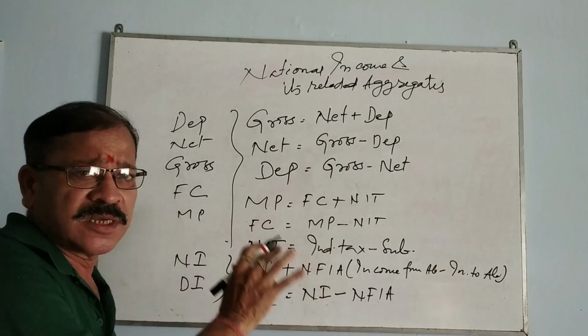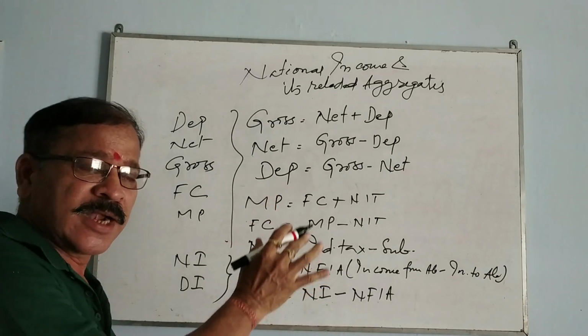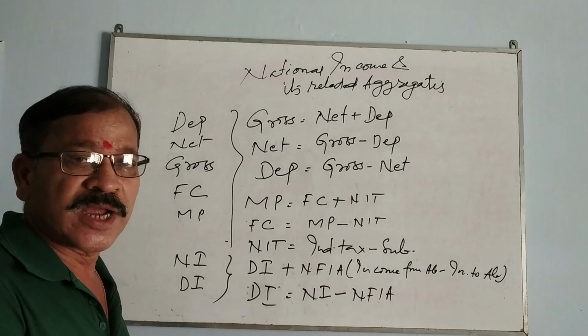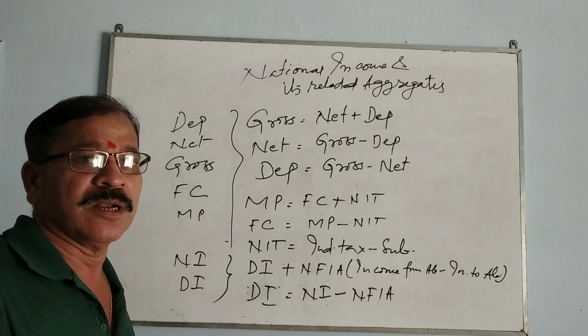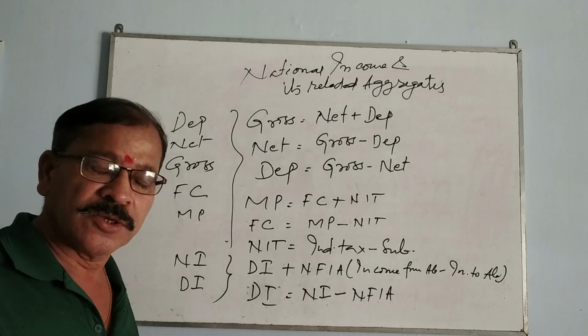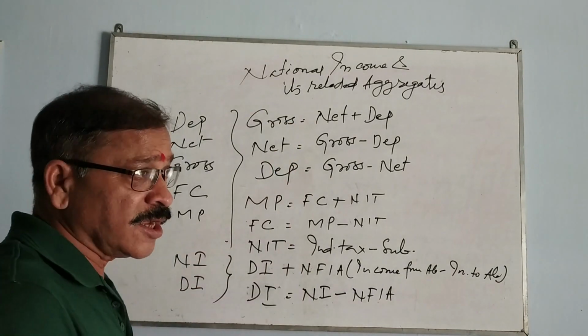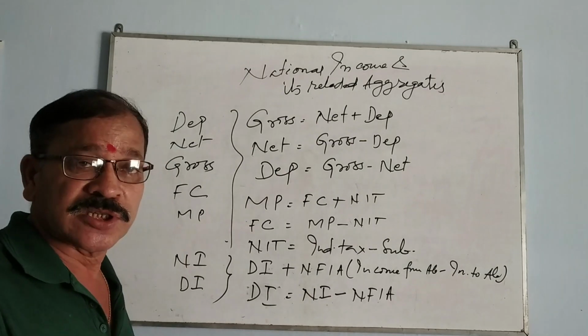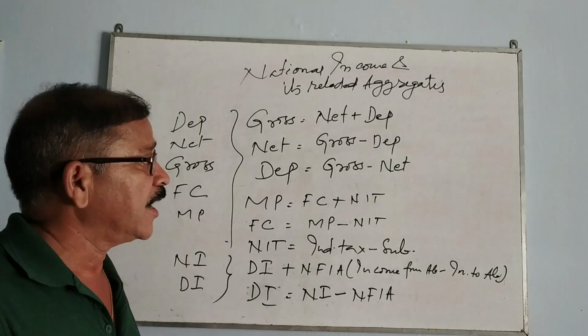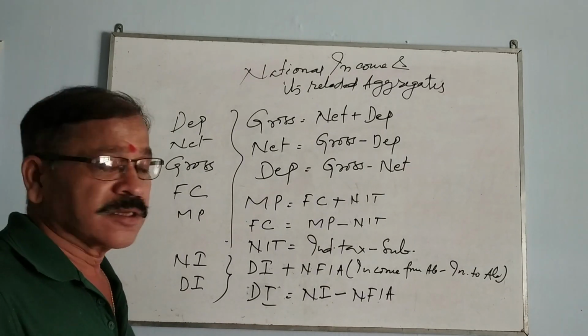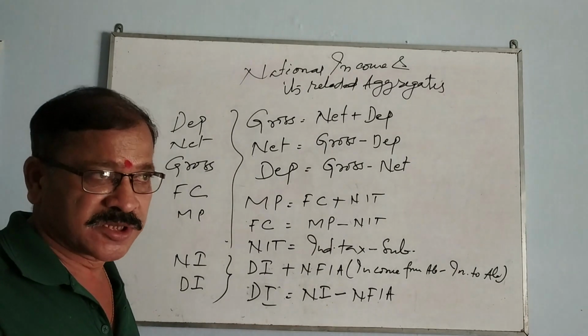So these are the basic aggregates and related formulas which you must know, so that in your forthcoming numerical problems you can easily solve. Once again I repeat, if you want to find out gross, then net plus depreciation. If you want to find out net, gross minus depreciation.